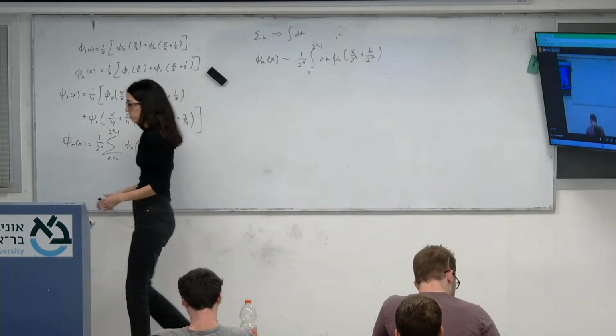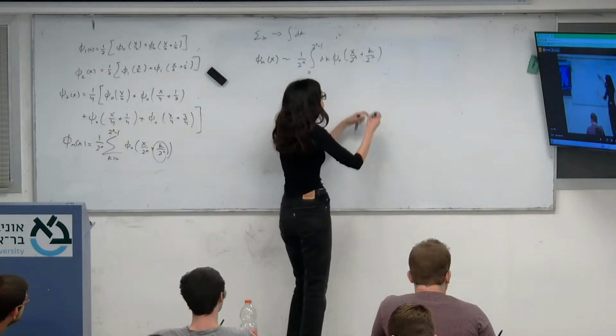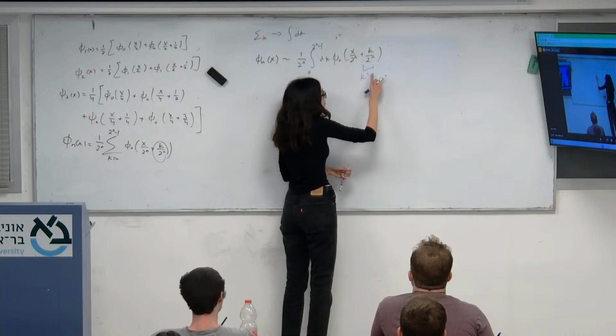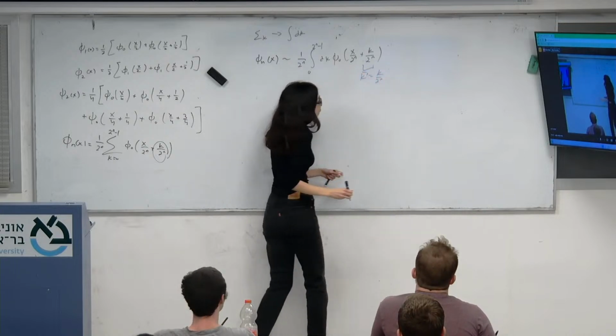And then for that to be a bit more valid, we use a change of variables. So let's say k tilde is k over 2 to the power n.